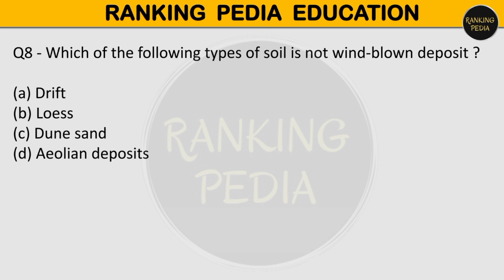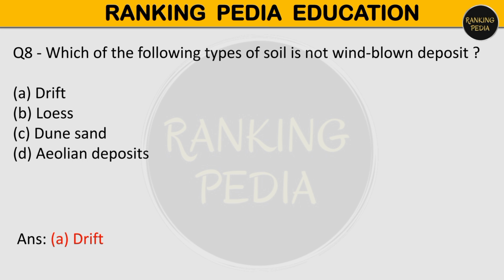Next question is, which of the following types of soil is not a wind blown deposit? Your options are drift, loess, dune sand or aeolian deposits. So you have to answer the type of soil which is not a wind blown deposit. That is drift soil.